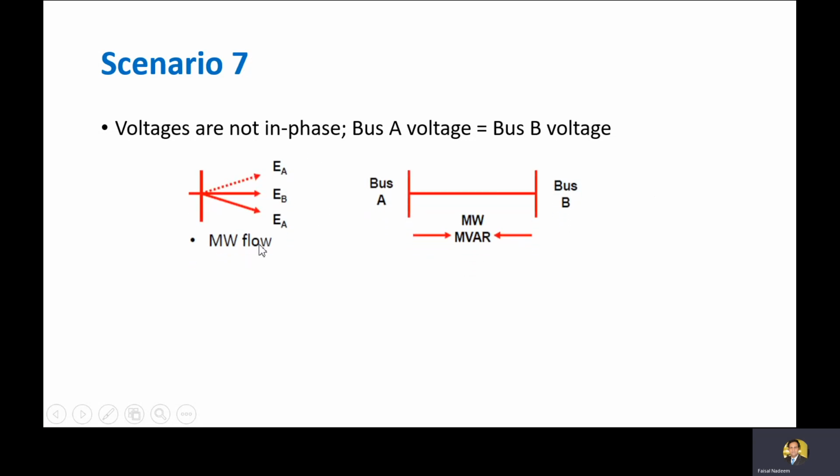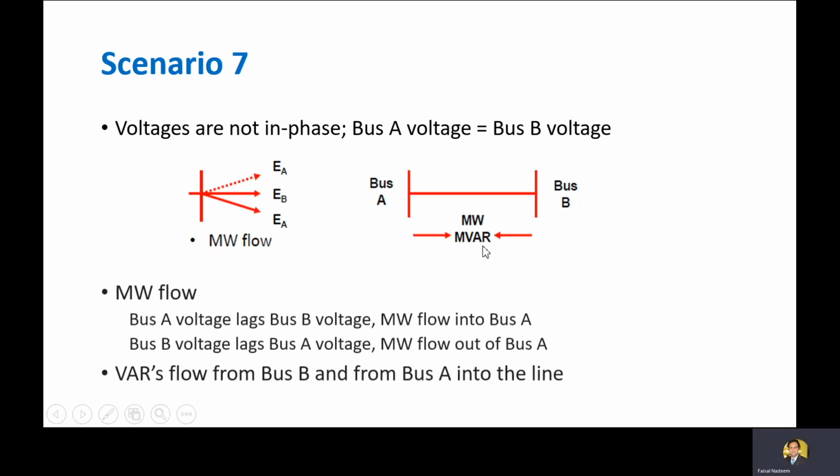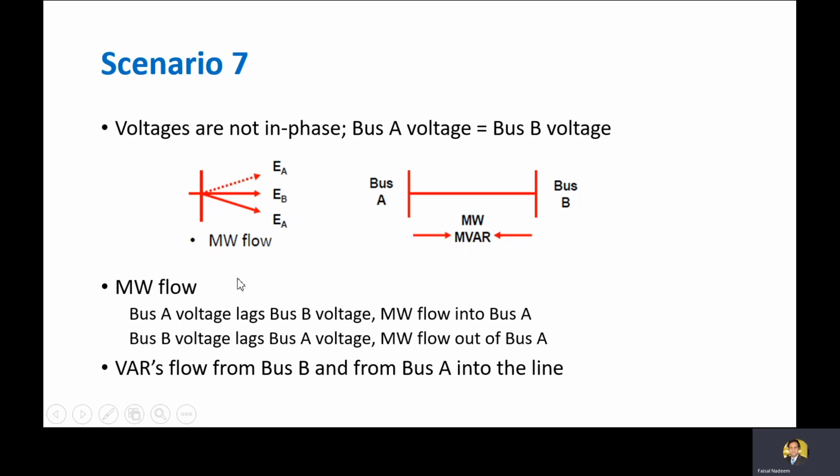However, the voltages are not in phase. If bus A voltage lags bus B voltage, then reactive power will flow from bus B to A. If bus A voltage leads bus B voltage, then reactive power will flow from bus A to B. However, both flows exist on the line and they will cancel each other out, and ultimately there will be no reactive power flow on the line.